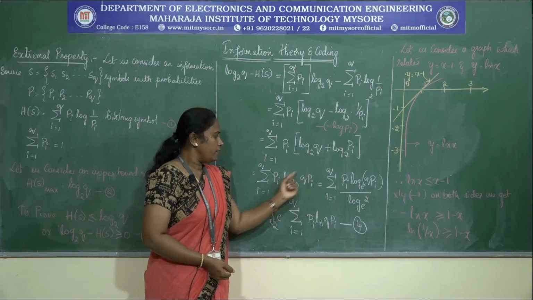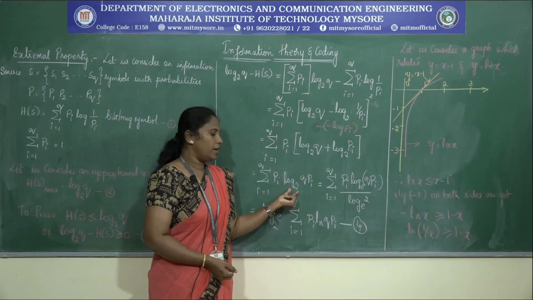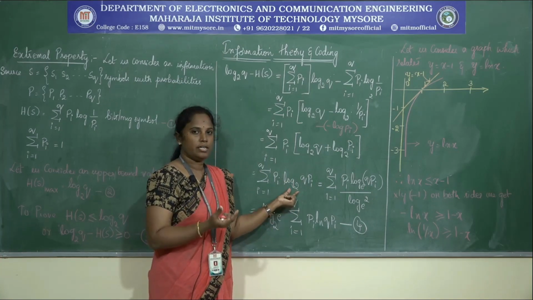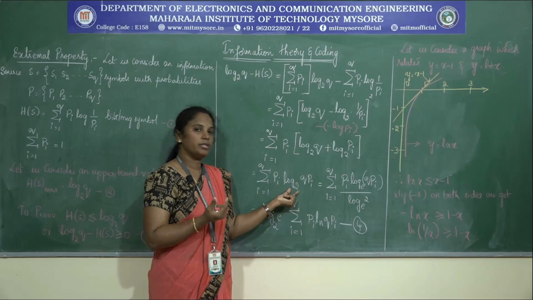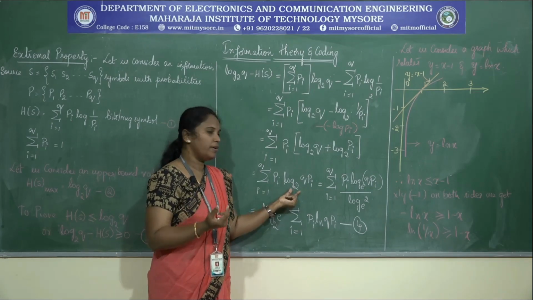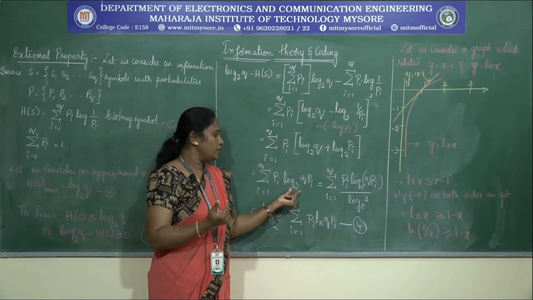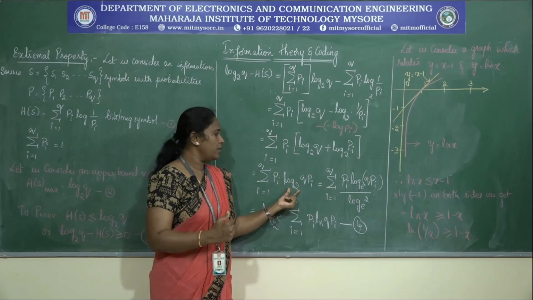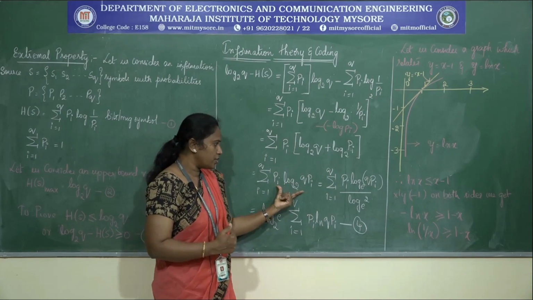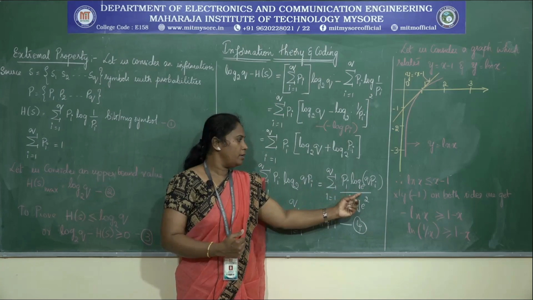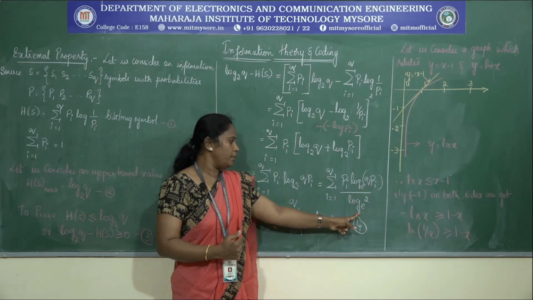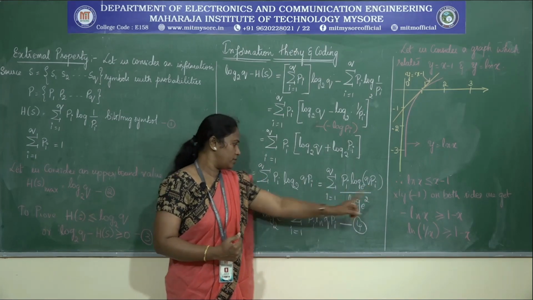In the previous relation, when we studied the relationship between Hartley and Nat, we considered some equation. By considering that here, we can split this equation as Pi log base e of Q into Pi divided by log e to base 2.